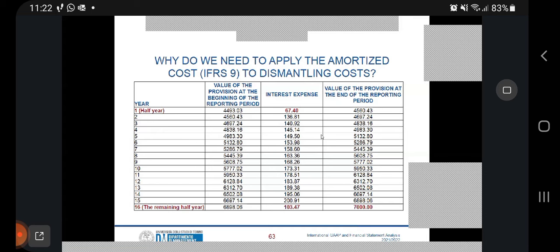So the value of the provision at the end of the reporting period is equal to 4,900, and so on, while the interest expense is approximately 145. Is it clear? I hope so. Yes.